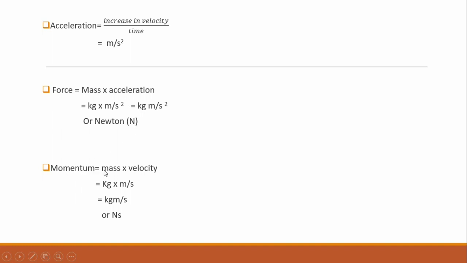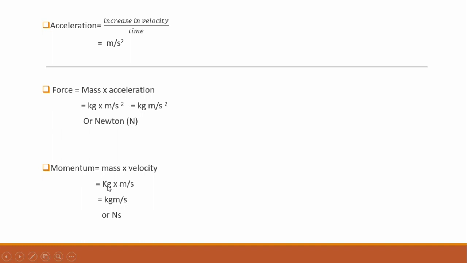Momentum. Momentum is given mathematically by mass times velocity. The SI unit for mass is kg, and the unit for velocity is meter per second.